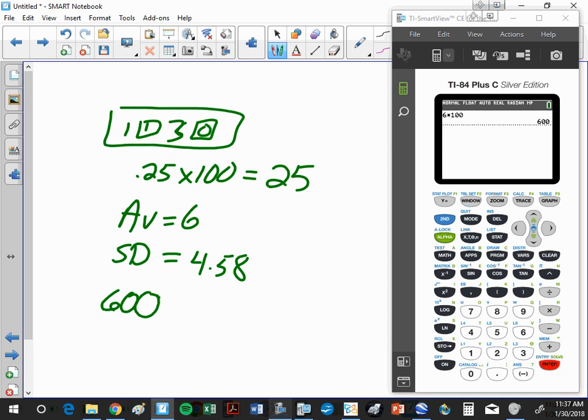If every draw is expected to average 6, then we can basically add up 6 a hundred times. And then the SE is going to be 4.58 times 10, which is the square root of 100. So 45.8. So we expect 600 plus or minus 45.8.